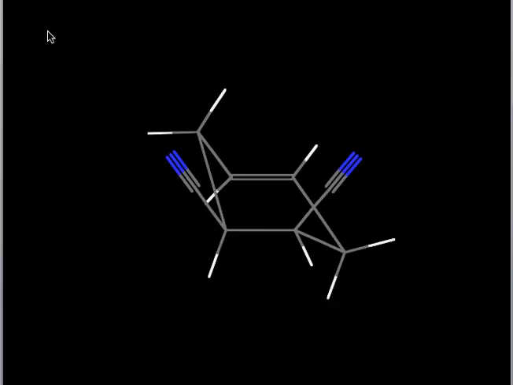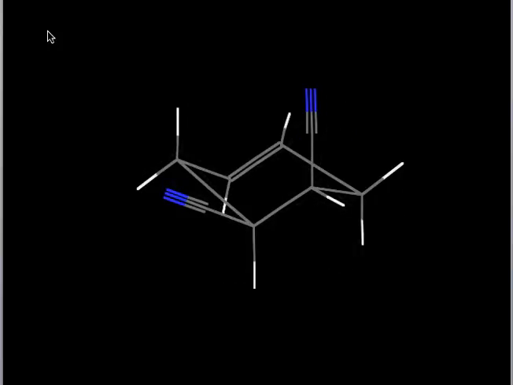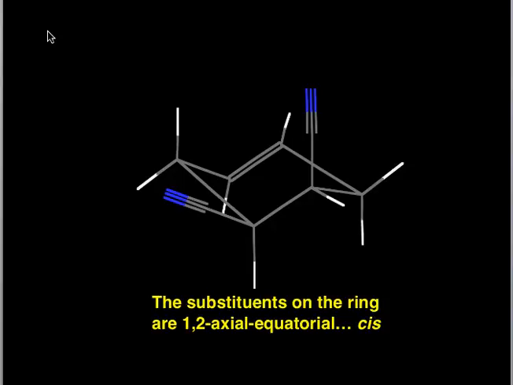Finally, whenever I draw a cyclohexane chair, I like to draw it with my axial bonds vertical because it's easier for me to see it that way. So I'm going to take this and just rotate the whole molecule a little bit this way so that my axial bonds are vertical, and I have something like this. Now, the whole point of this exercise was to look at what happened to the dienophile.